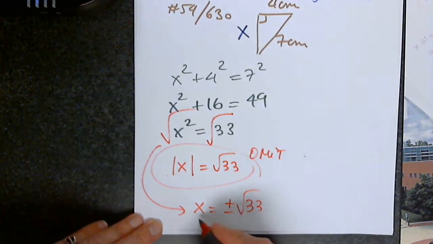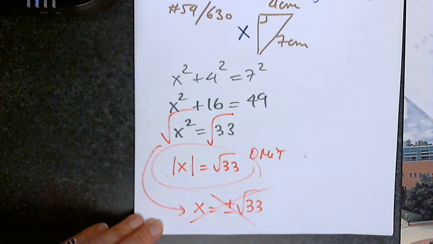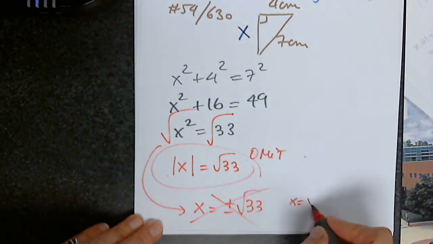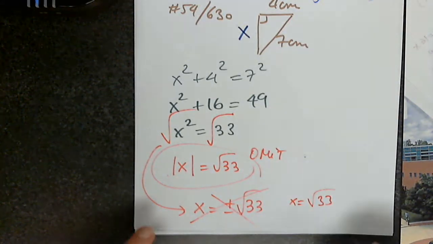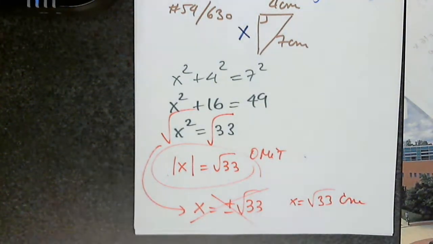But yes, if you say, wait a minute, we're talking about a distance here, you cannot consider negative the square root of 33, and I would have to agree. So the leg measures the square root of 33 centimeters. Any questions?